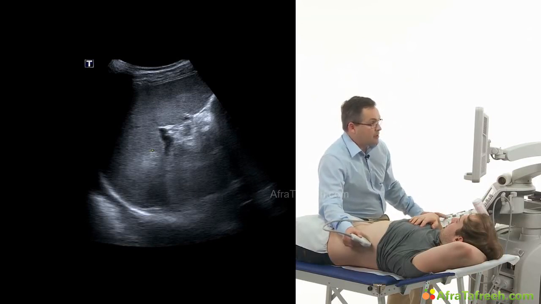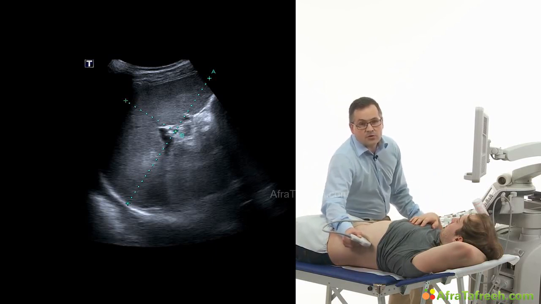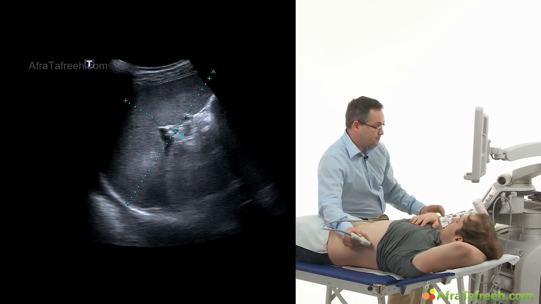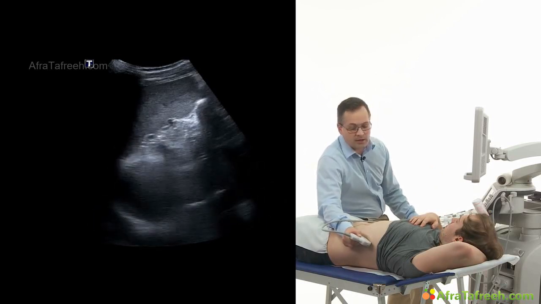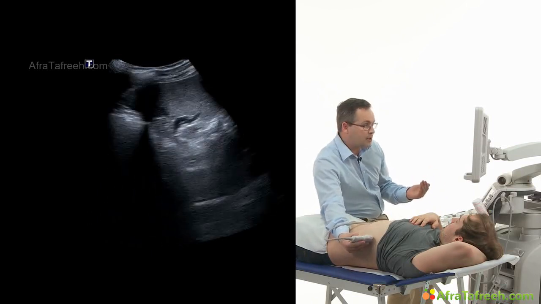So we are taking the length of the spleen, which should be 11 to 12 centimeters. In this particular case, there are 13 centimeters, and 90 degrees to the first measurement, we make the second one. The measurement of the width should be between 4 to 5 centimeters, which is quite okay in this particular case. The third diameter is taken when we rotate the probe 90 degrees anti-clockwise.